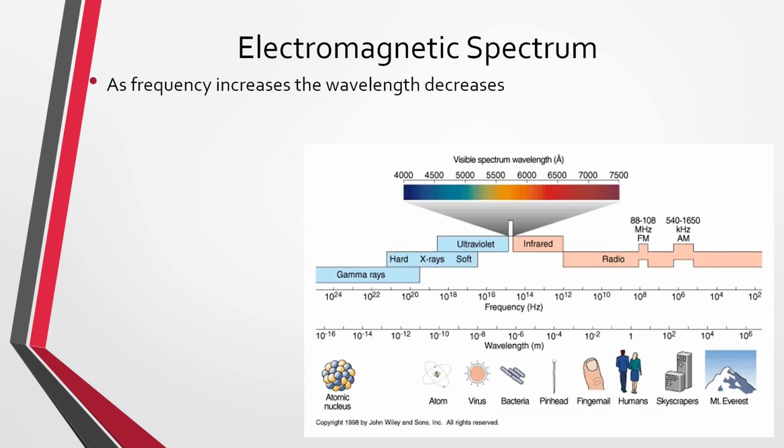So we'll talk about the electromagnetic spectrum here, and as frequency increases, the wavelength decreases. We can see that here, where the frequency is increasing. Every step from ultraviolet to X-rays to gamma rays, each step from 10 to the 18 to 10 to the 20, is going up 100 times.